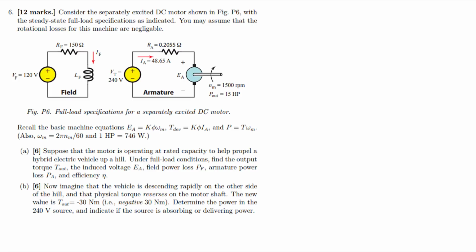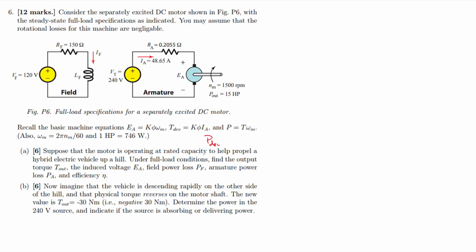Then we are given the basic machine equations here. There are 3 of them. They'll be given on every exam, and we're also given some useful relationships as well. Now there's one more machine equation that you should memorize, and I'll write it out here.